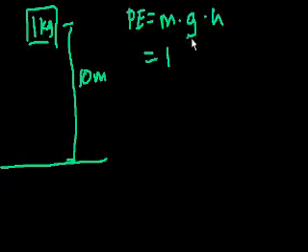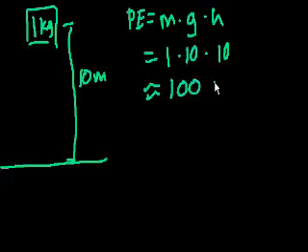So mass is 1, gravitational acceleration, let's just say, is 10 meters per second squared, times 10 meters, which is the height. So it's approximately equal to 100 Newton meters, which is the same thing as 100 joules.